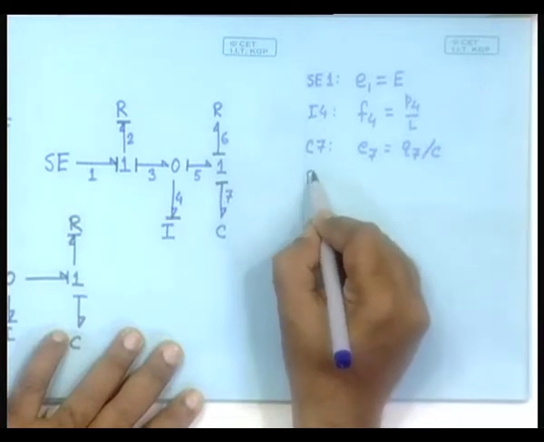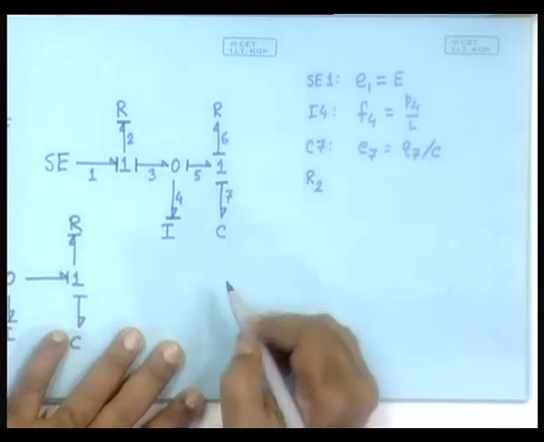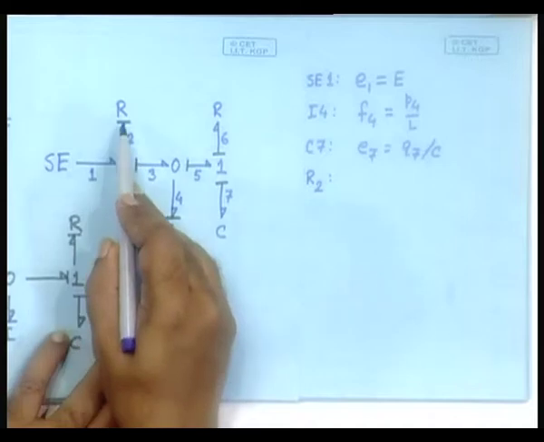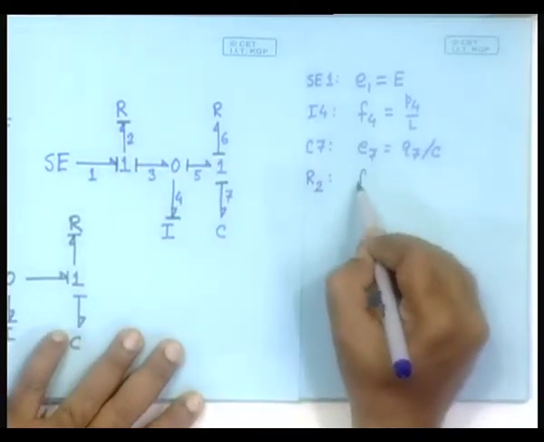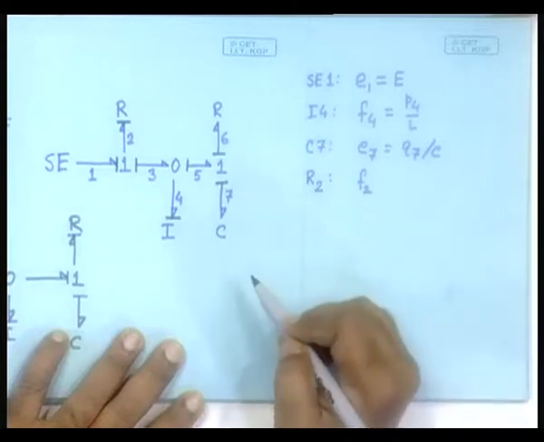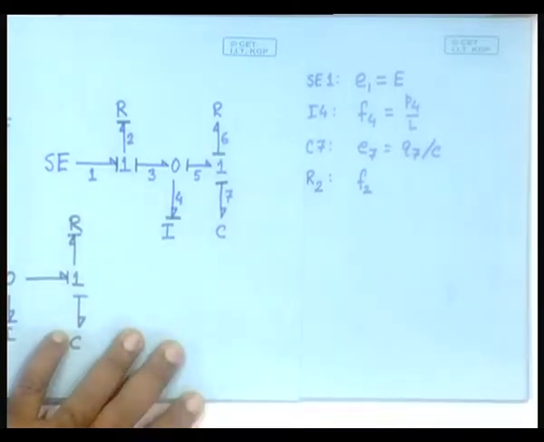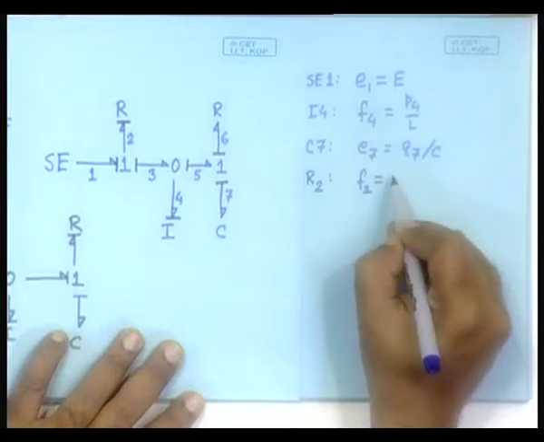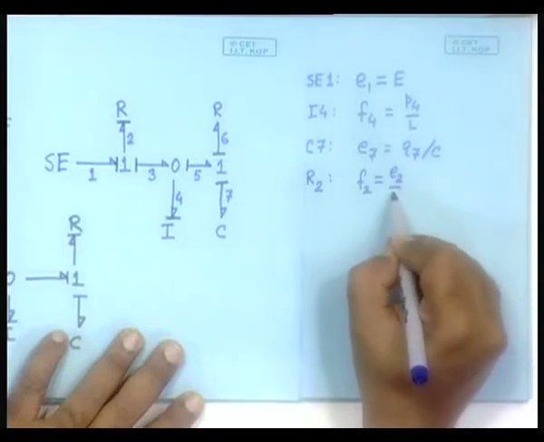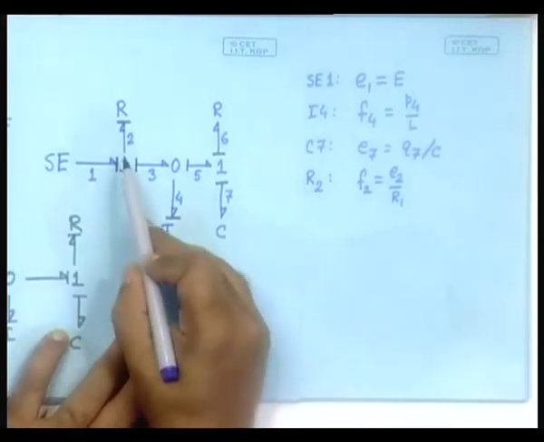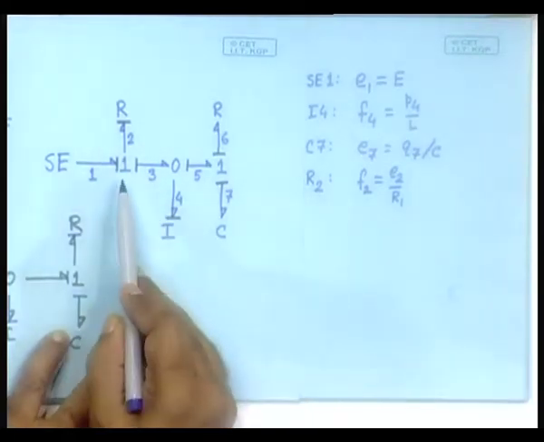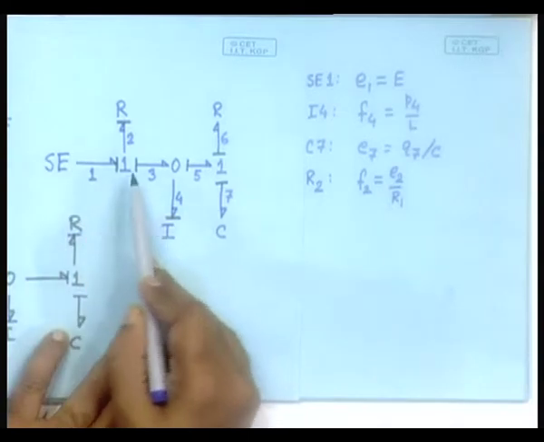The next question is then we start asking the question to the resistances. So, R2, what does it give to the system? F2, right. F2 is E2 by R1. Now, where does the E2 information come from? E2 would be this and that.